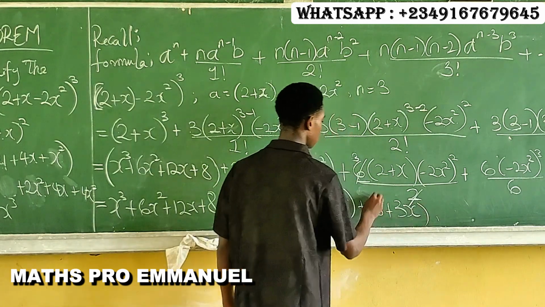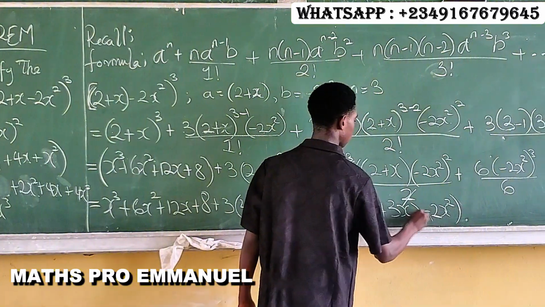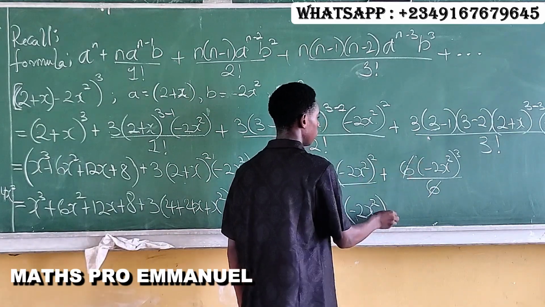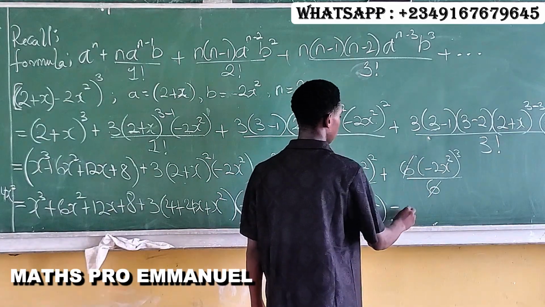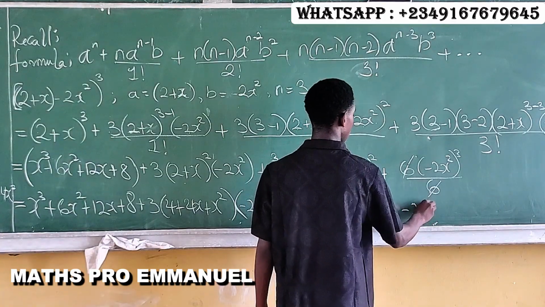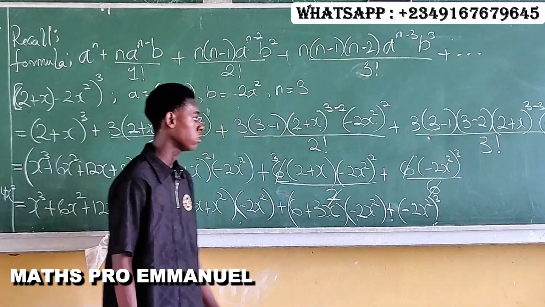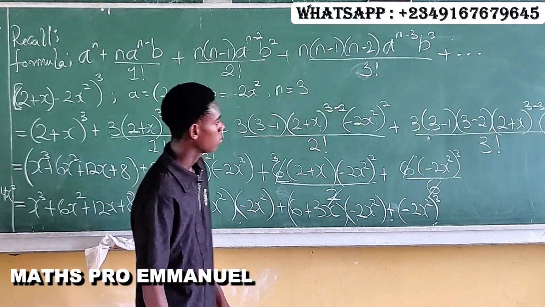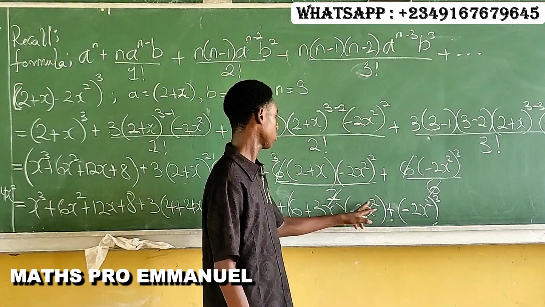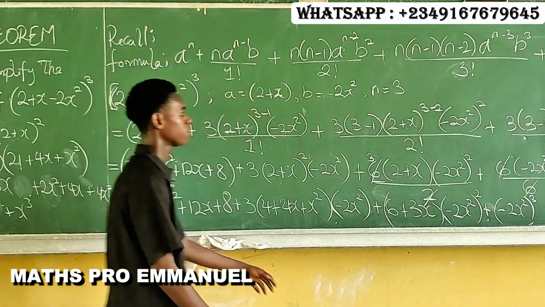The whole of this is multiplied by minus 2x squared. Now 6 we cancel 6. I'm just left with minus 2x squared, all this to the power of 3. There is a cube here. Okay, square here. Yes, all raised to the power of 2.